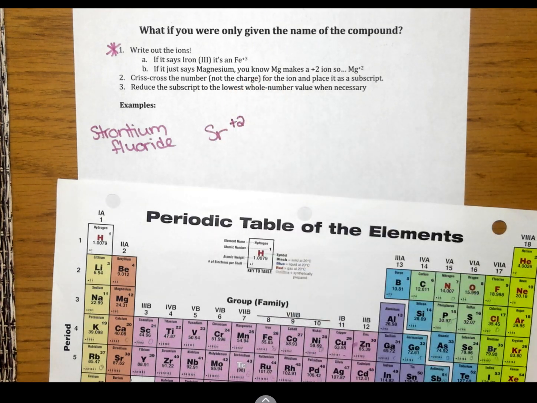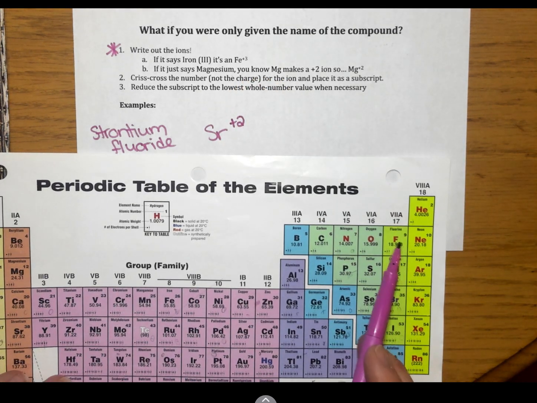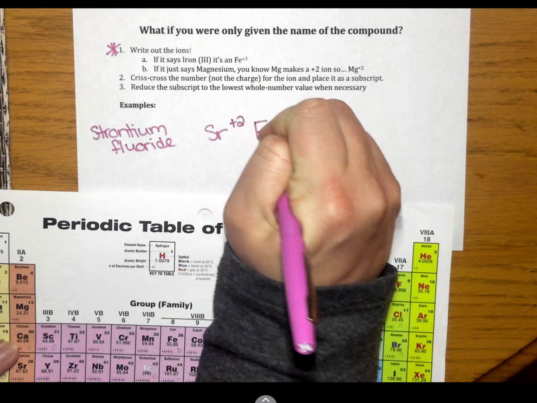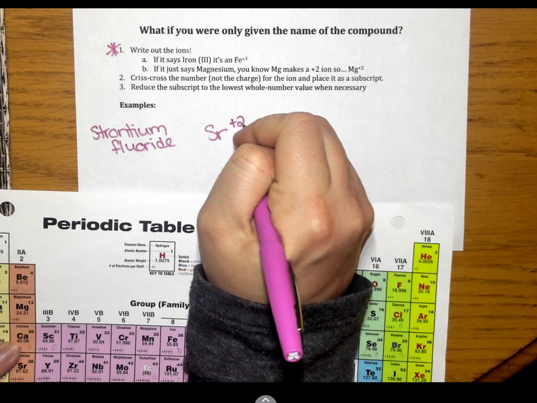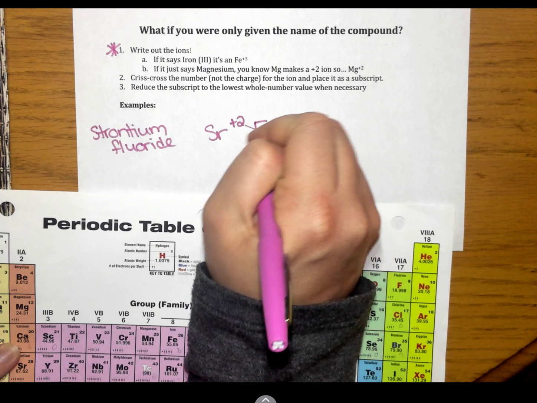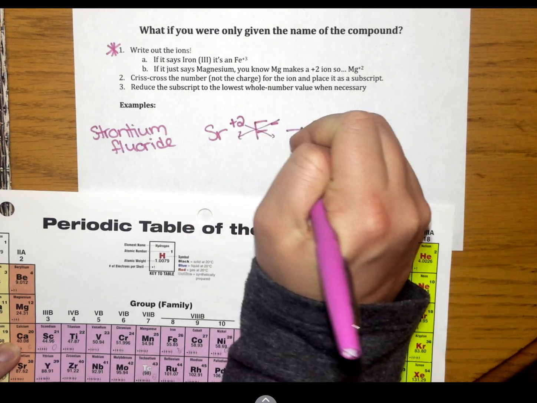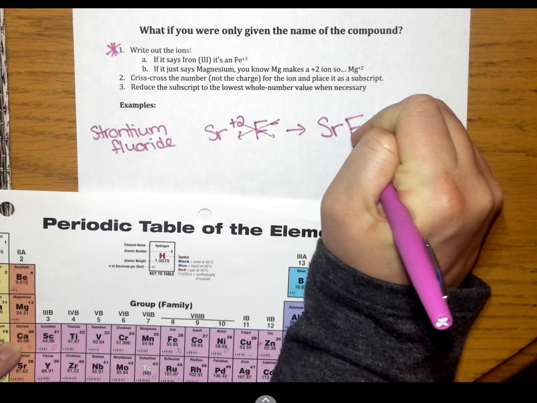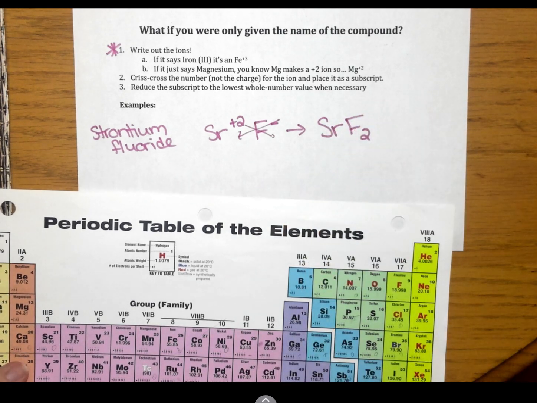Fluoride. Well, fluoride's over here. It's a halogen. It's going to gain 1 to become like neon, so it's going to have a -1 charge. So we crisscross our charges down, and we end up with SrF2. So we were able to figure out both of those just based off the placement on the periodic table.